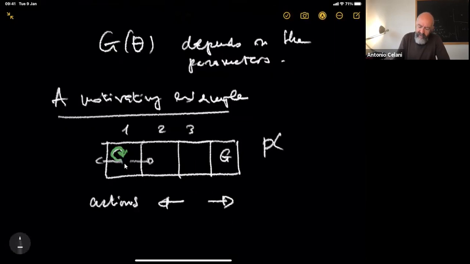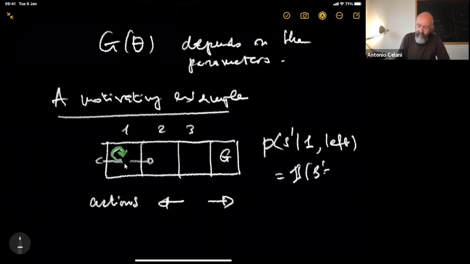So the probability of going to state S prime from state 1, given that I take action left, is just this one. So with probability 1, I get back to state 1, and there's nothing else that can happen.